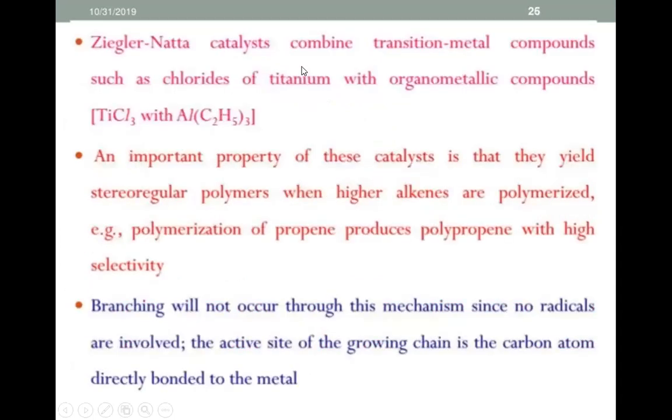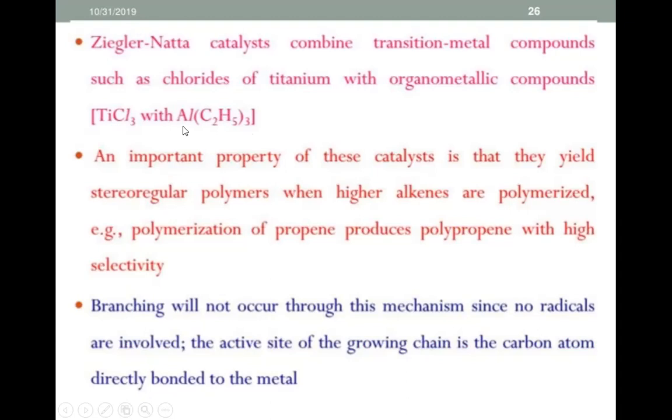Ziegler-Natta catalyst combines a transition metal compound such as chlorides of titanium with organometallic compounds. So, titanium trichloride with trialkyl aluminium.